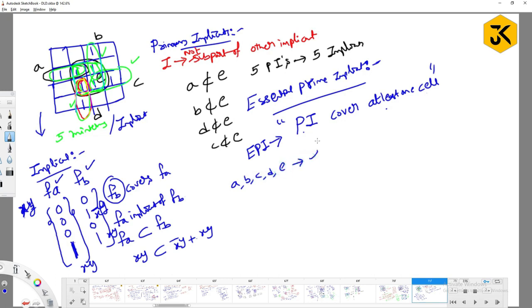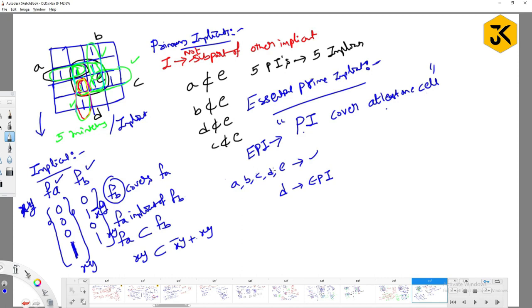Okay, fine. Among those, what are essential? See, if I include D as essential prime implicant, what about A, B, C, and D? Those are also essential. Why? Those expressions also need to be evaluated, right?